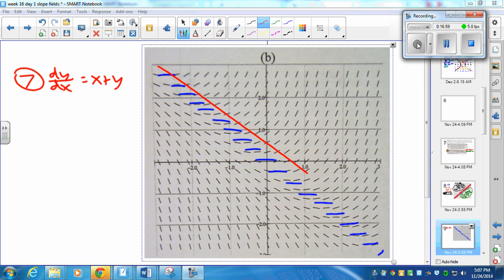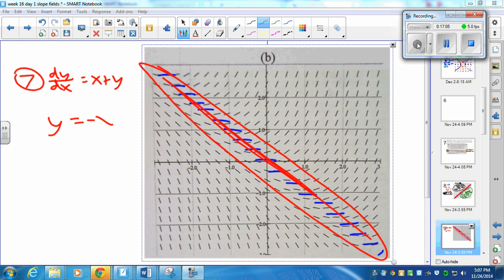That all occurs along the path of y equals negative x. So if y equals negative x, I can add over and I get x plus y equals 0, which is good because everywhere there, my blues are 0. So that's my way of analyzing that one. And you can look at more details if you want.